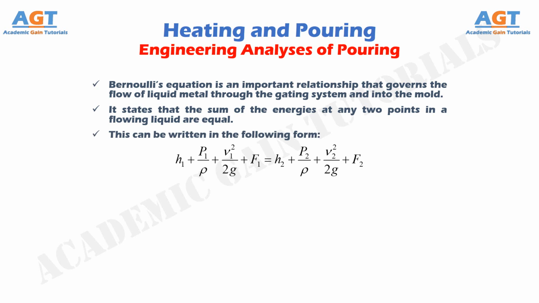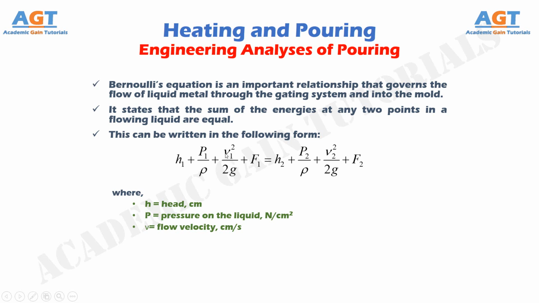H1 plus P1 divided by rho plus V1 square divided by twice G plus F1 equals H2 plus P2 divided by rho plus V2 square divided by twice G plus F2, where H represents head, expressed in centimeters. P represents pressure on the liquid, expressed in Newton per square centimeter.